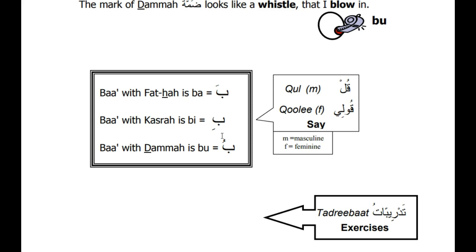Ba with damma is bu. Ba, bi, bu. Ba, bi, bu. Okay? So we got the two sounds, the ba and the vowels. These are called short vowels.